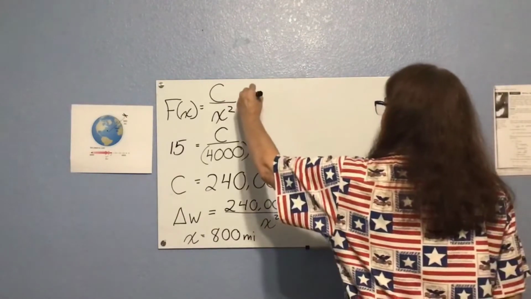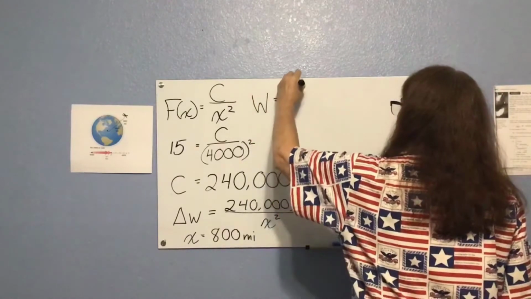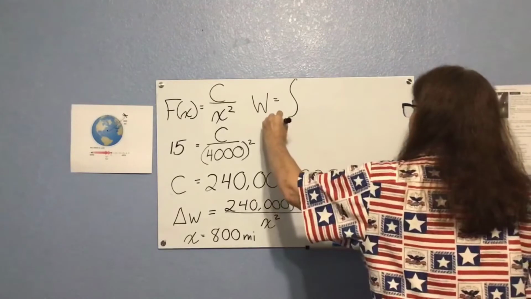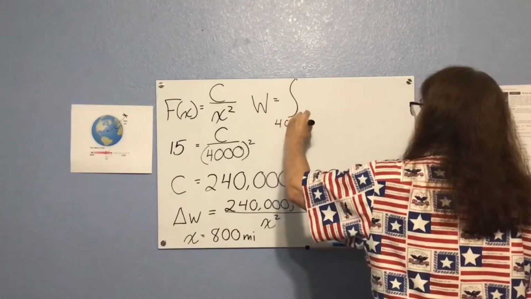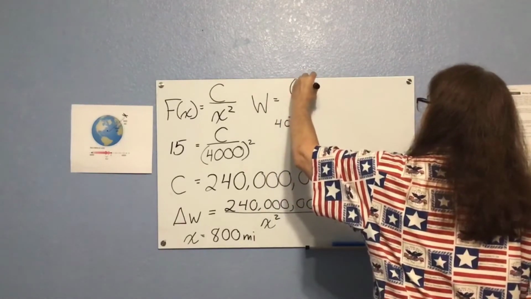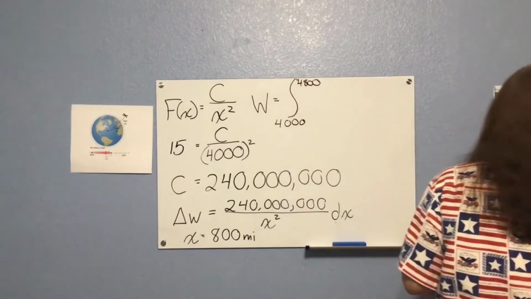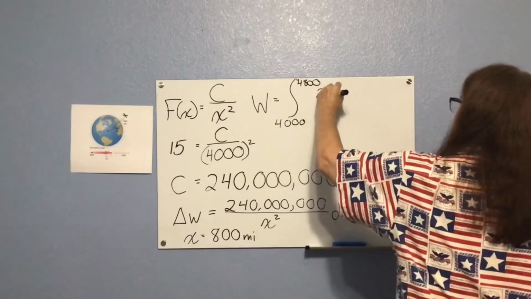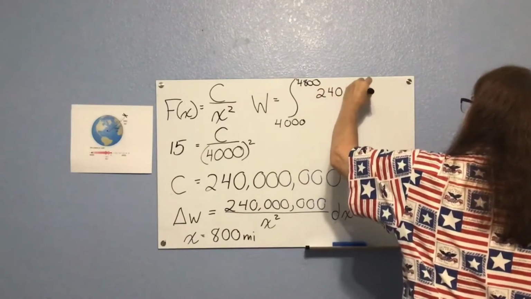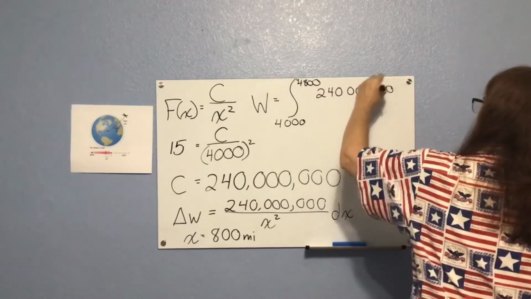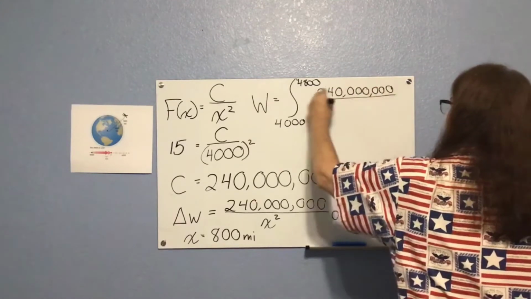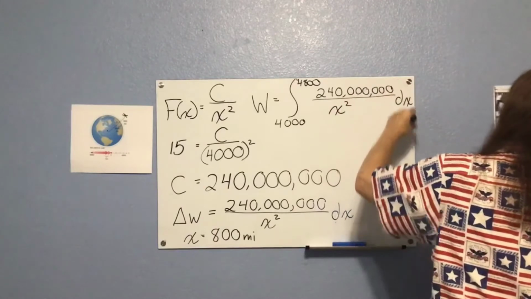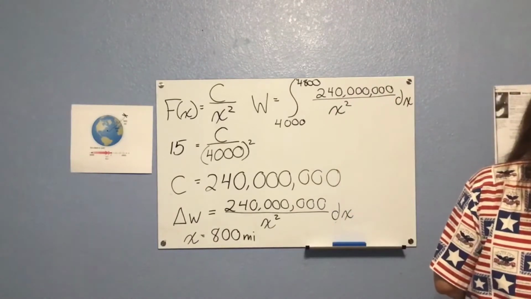Okay, now we're ready to integrate. We're going from 4,000 to 4,800 of 240 million divided by x squared dx.